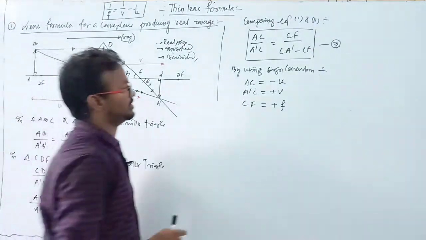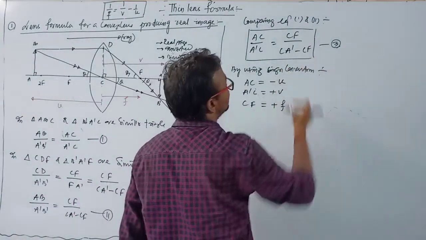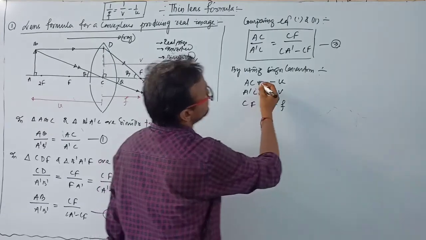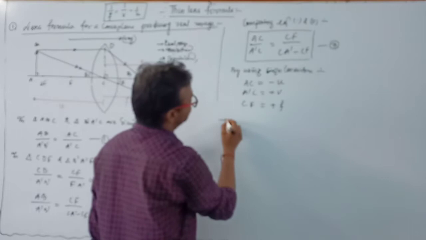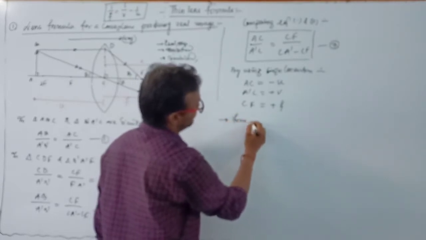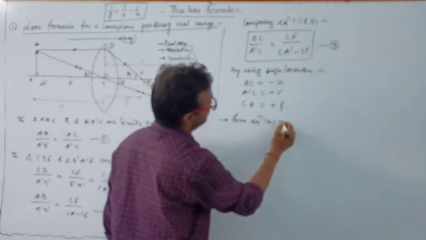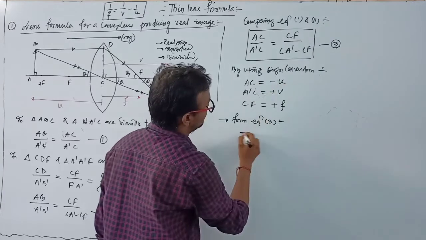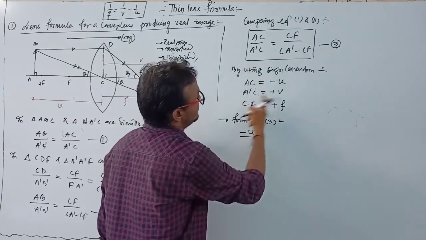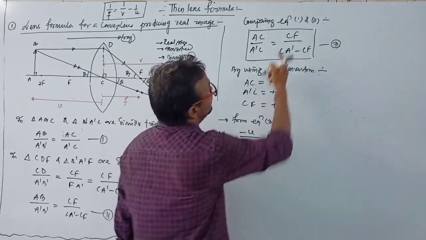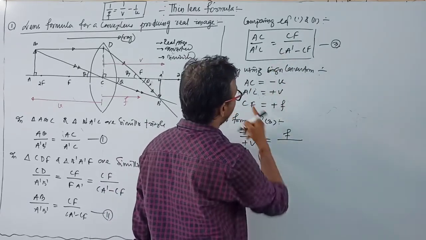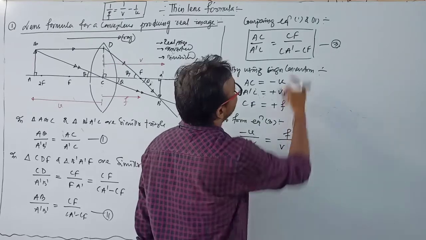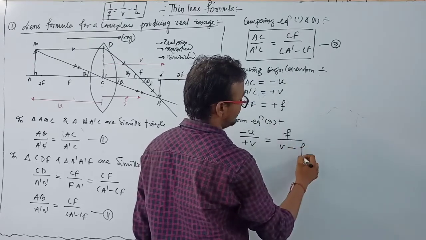So from equation 3, AC equals minus u, A dash C equals plus v, and CF equals f.